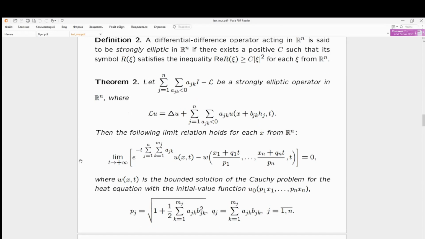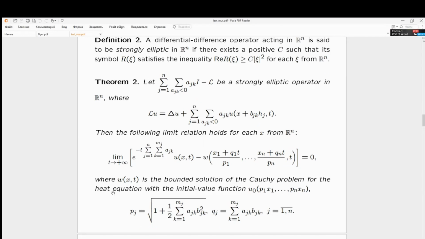So look, we have the following weight function for our solution, and we have the following transformation of the independent variables, of the spatial variables, for our echelon function, which is used to compare the behavior of the investigated solution and the behavior of the echelon solution.